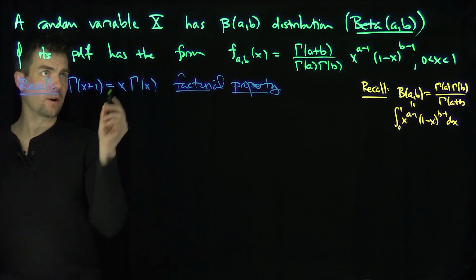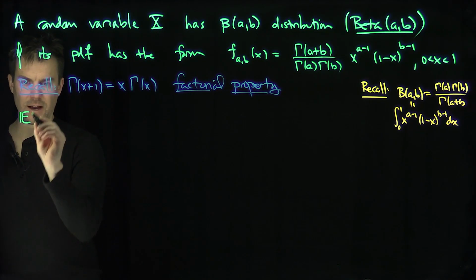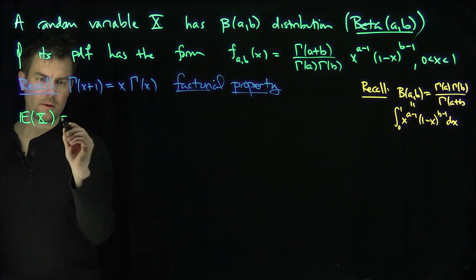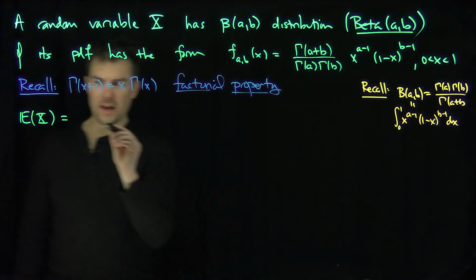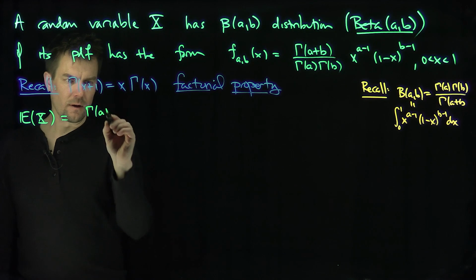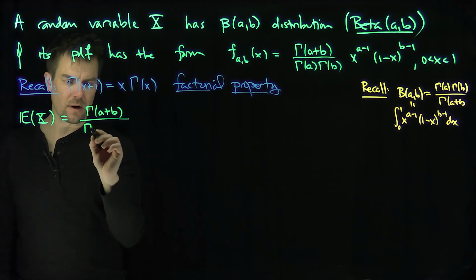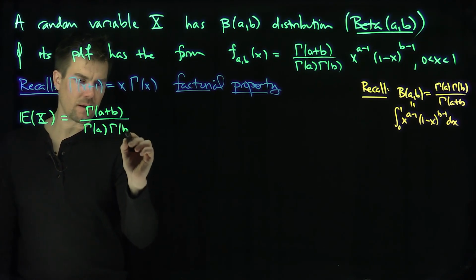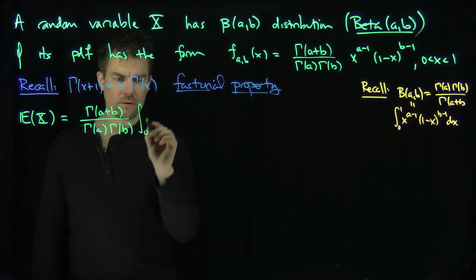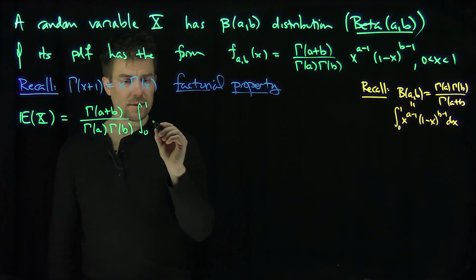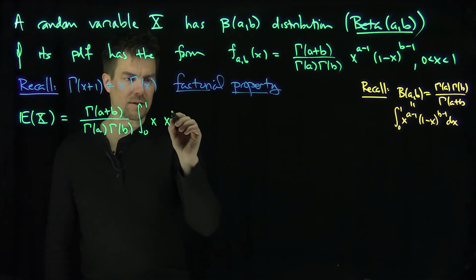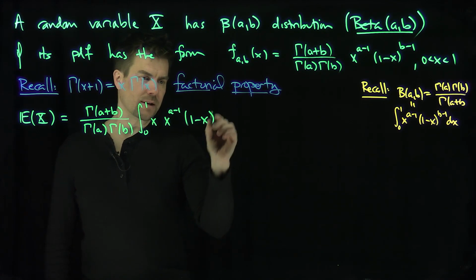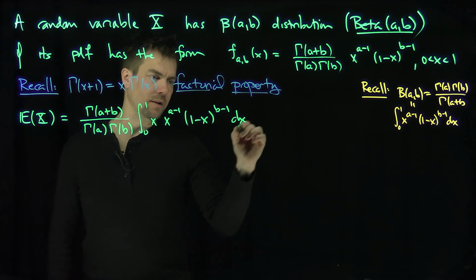What's the expected value of x? The expected value of x is going to be gamma of a plus b over gamma of a, gamma of b, the integral from 0 to 1 of x times x to the a minus 1, 1 minus x to the b minus 1 dx.